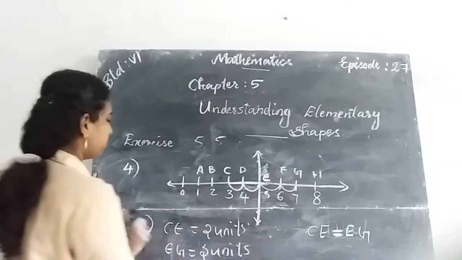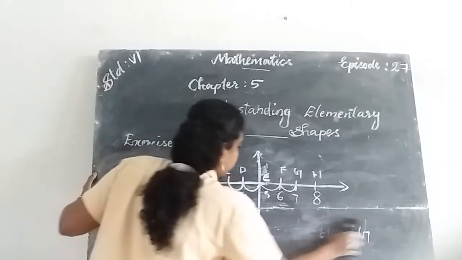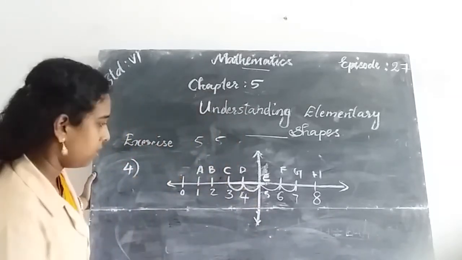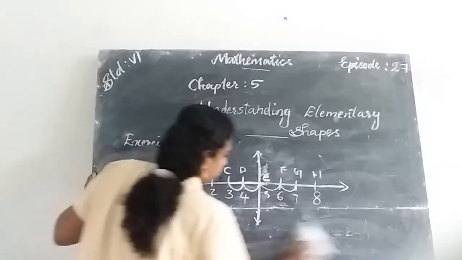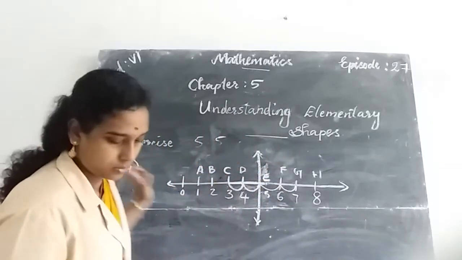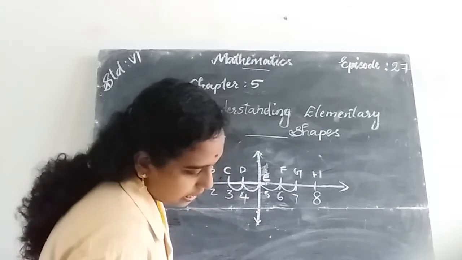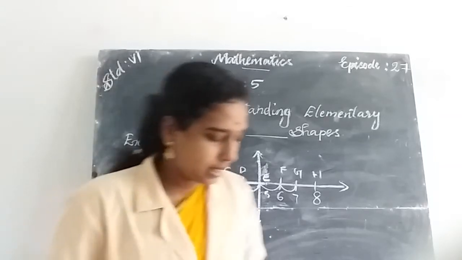Okay. Then next question. Does PE bisect CG?